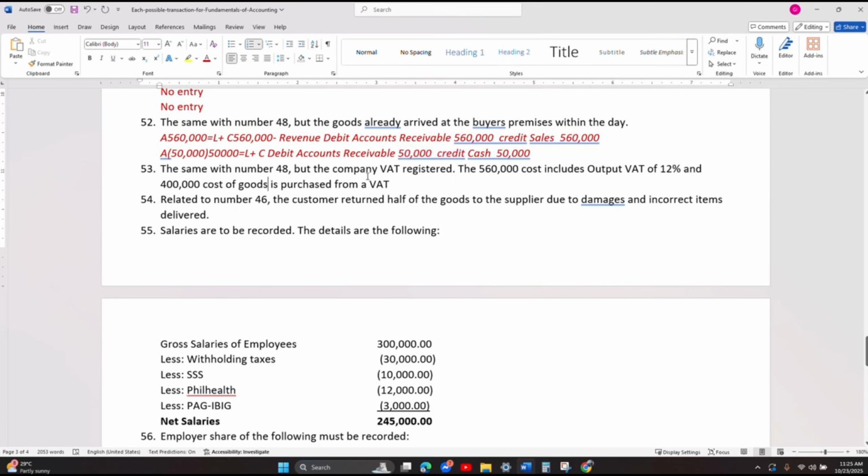So for example, you have purchased those goods costing 400,000 from a VAT registered supplier also. What will be your entry? Okay?